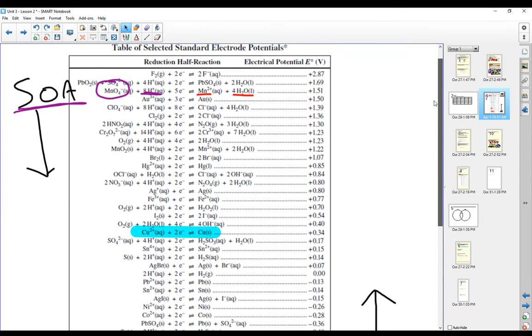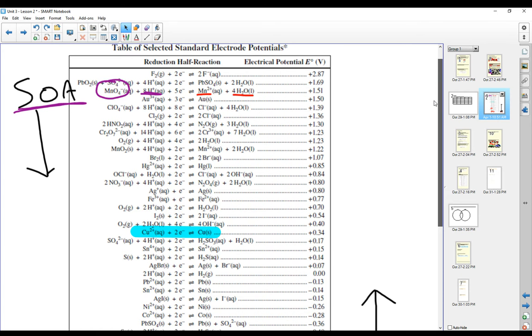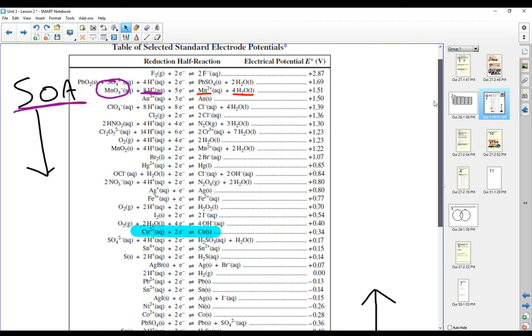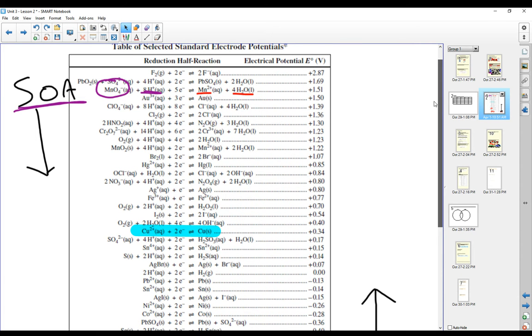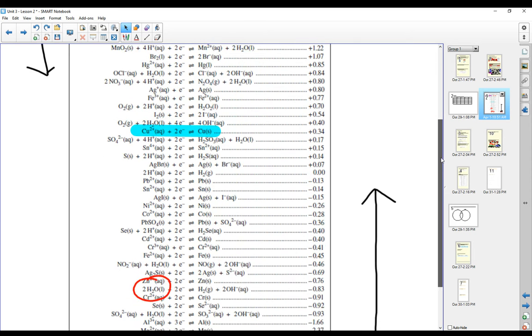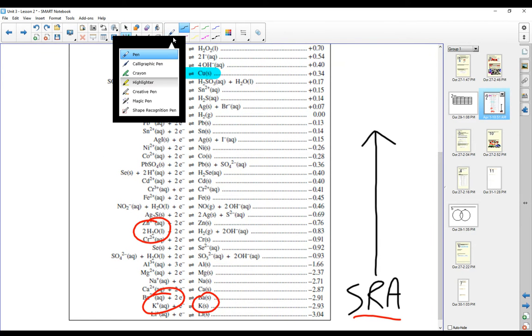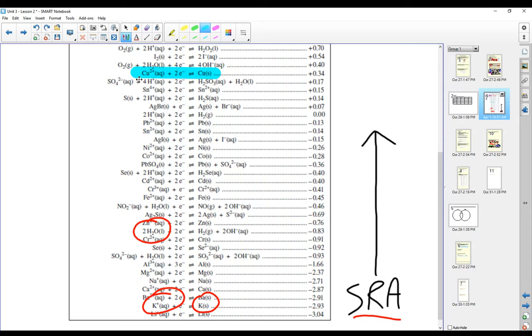And when we find our reaction of H2 gas, so there's 2 electrons, highlighter, and the H plus is here.